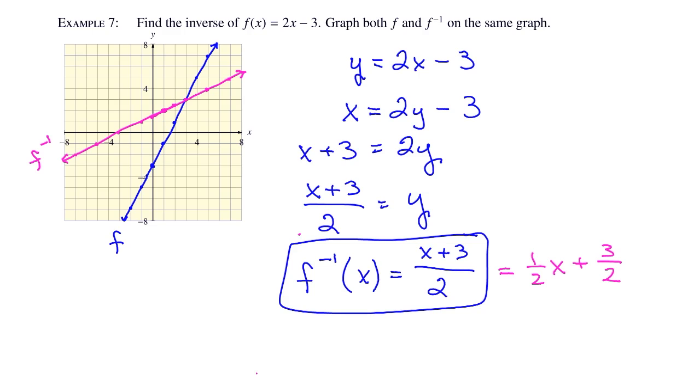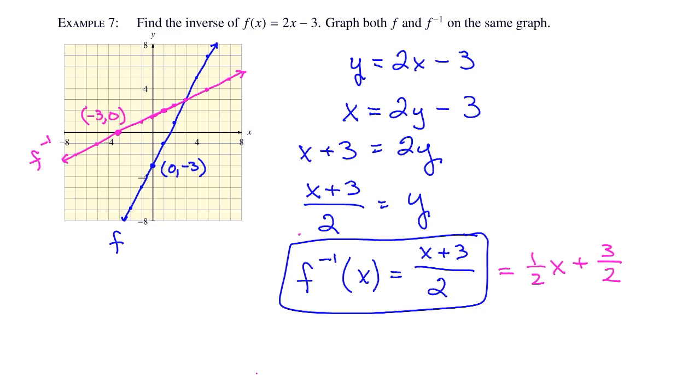Now there is a relationship between these two graphs. What you may notice is, for example, we have this point here, which is 0, -3, and we have this point over here, which is -3, 0.